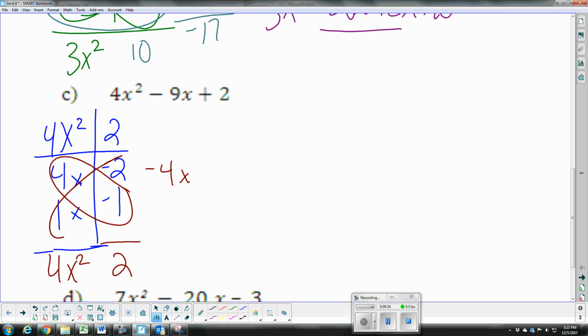And negative 2 times positive x is negative 2x. When I add these together, those do not equal my b term.